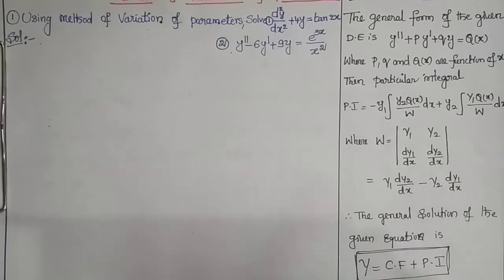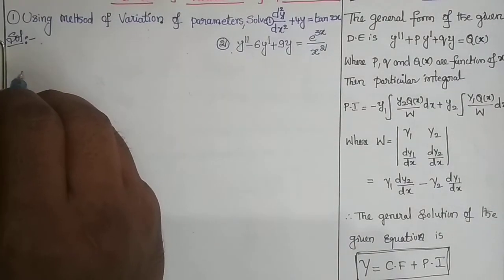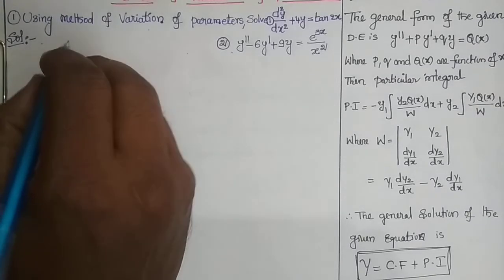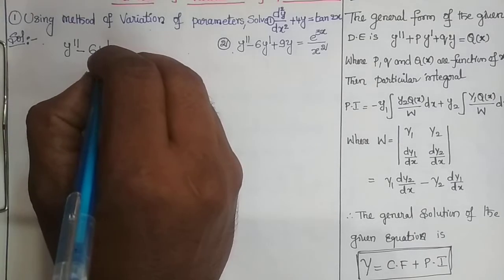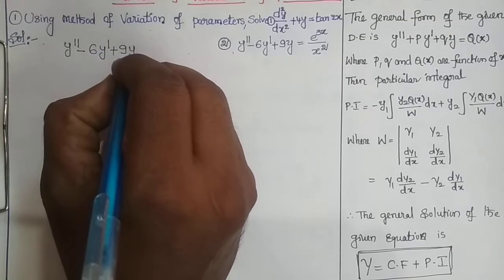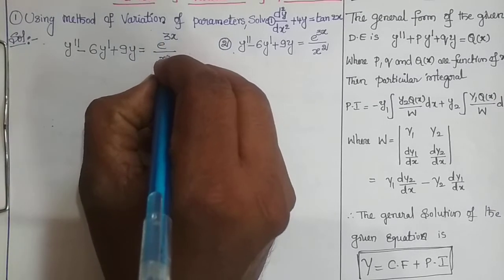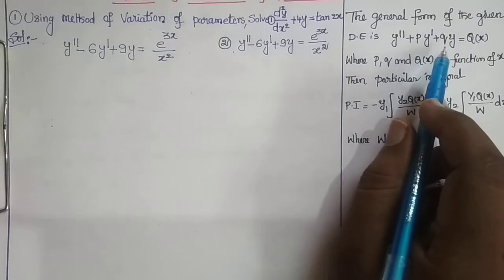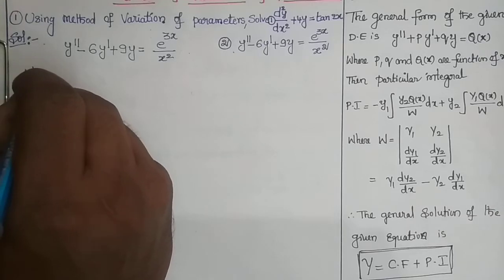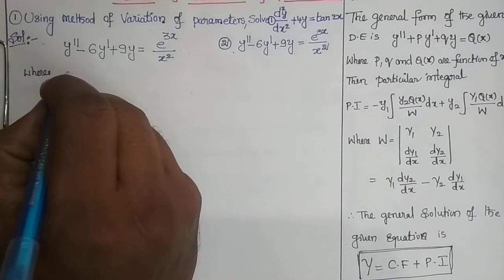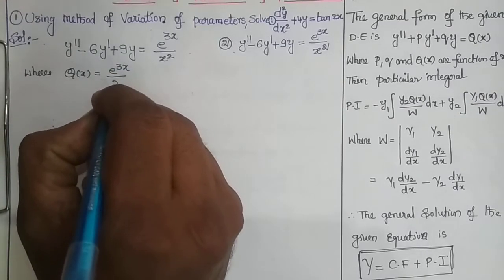So coming to our question, I am going to take the second problem. y double prime minus 6y prime plus 9y is equal to e power 3x by x square, which is in the form of this one, where Q of x is equal to e power 3x by x square.